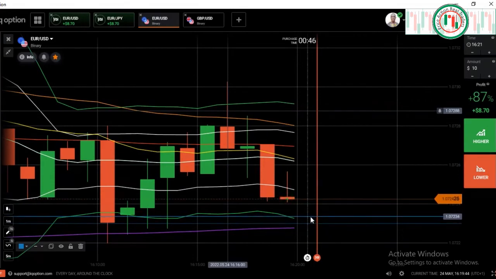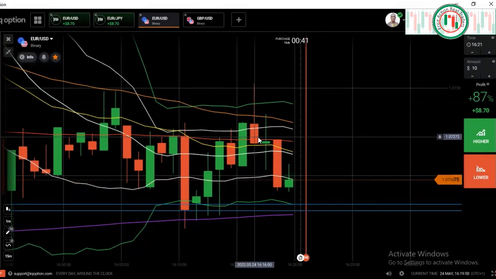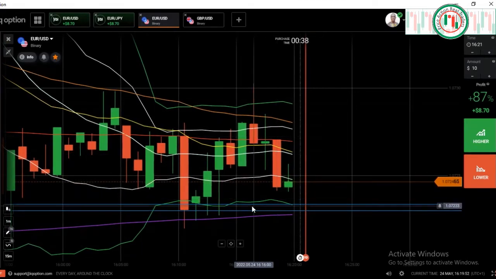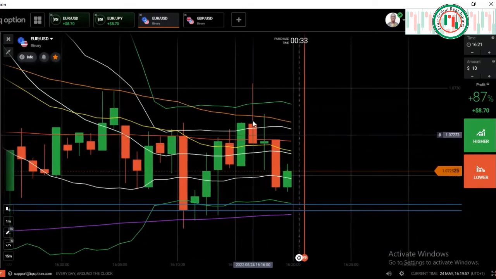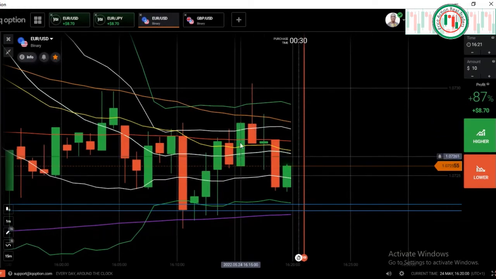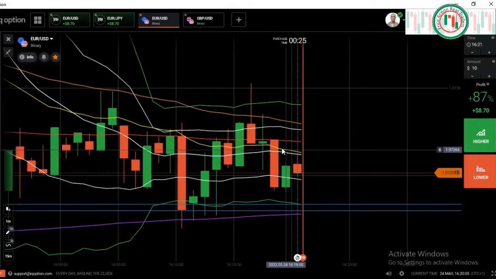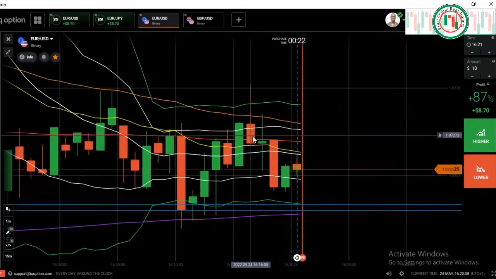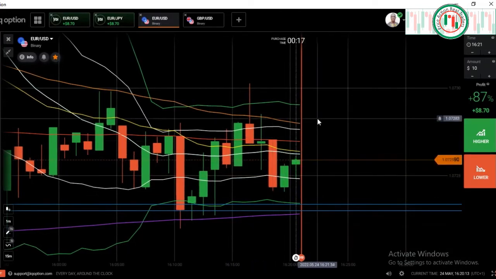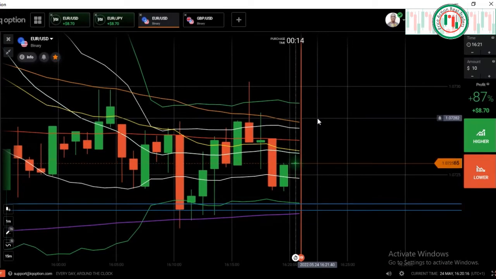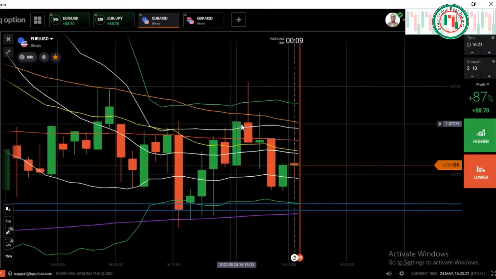So I'll wait for market to reach this level, to reach this zone. But here you see engulfing. And this one is not engulfing. So I'll wait. But here you see engulfing breakout.